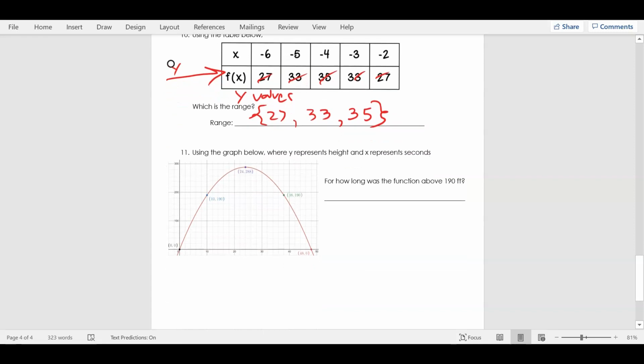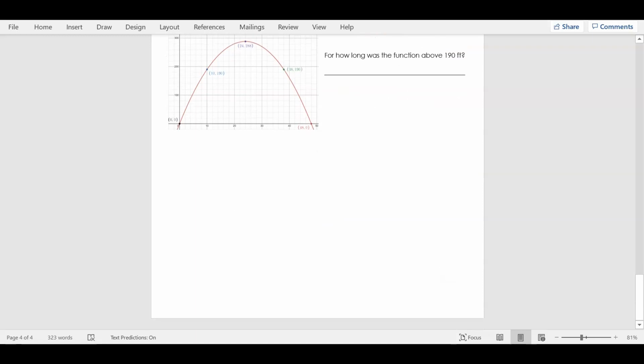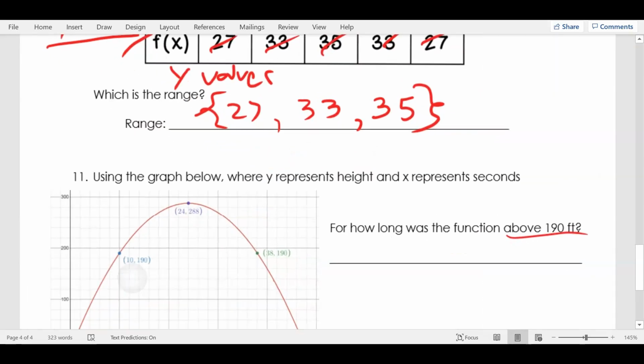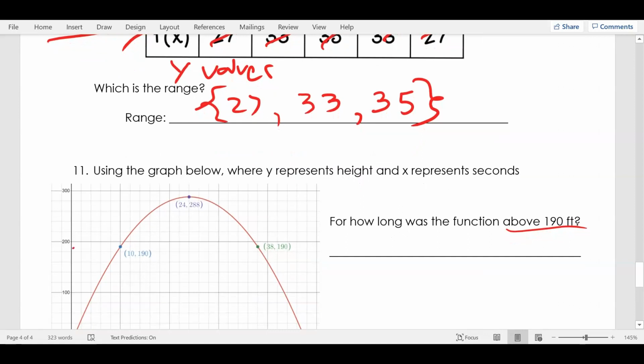Using the graph below, where y represents the height and x represents seconds, how long was the function above 190 feet? So let's find 190 feet. So it's from here to here.